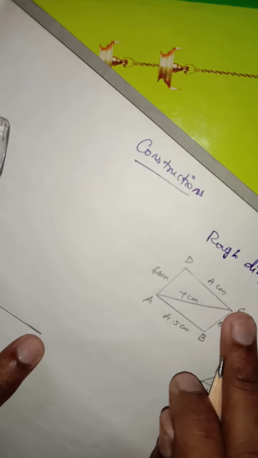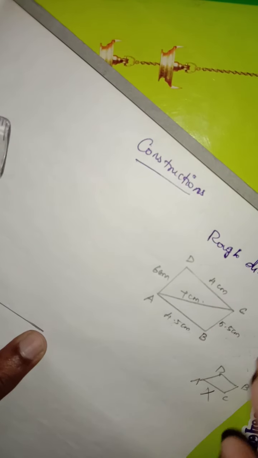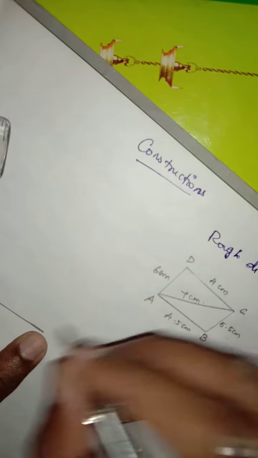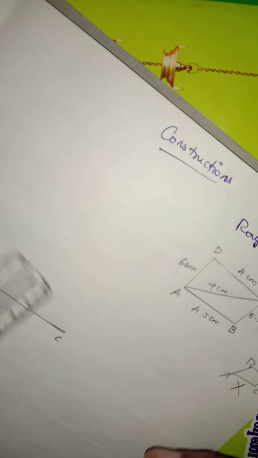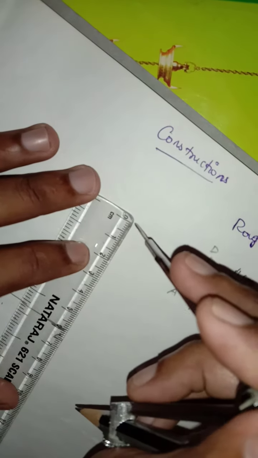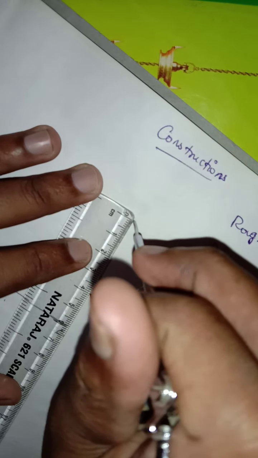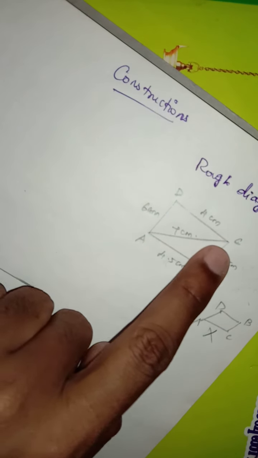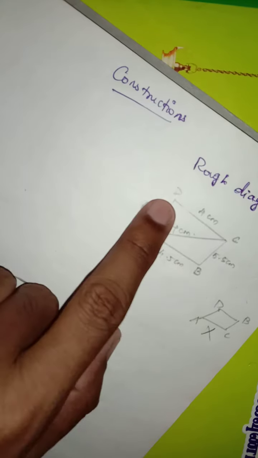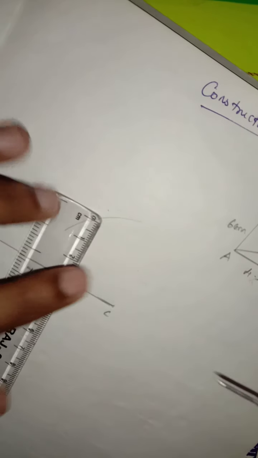Keeping the compass on C, we can draw 4 centimeters. Use the scale and compass to measure 4 centimeters. Keeping the compass on C, I am drawing one arc of 4 centimeters. Then keeping the compass on A, we draw one more arc of 6 centimeters.